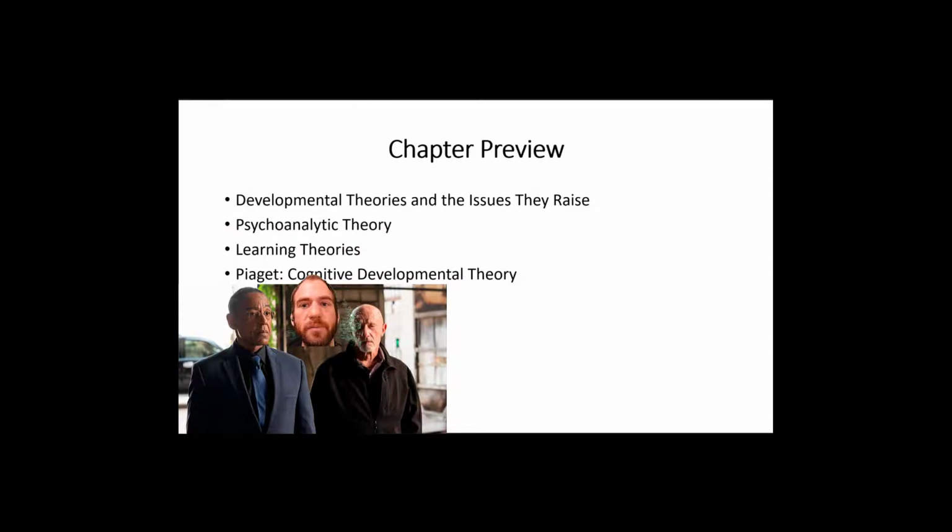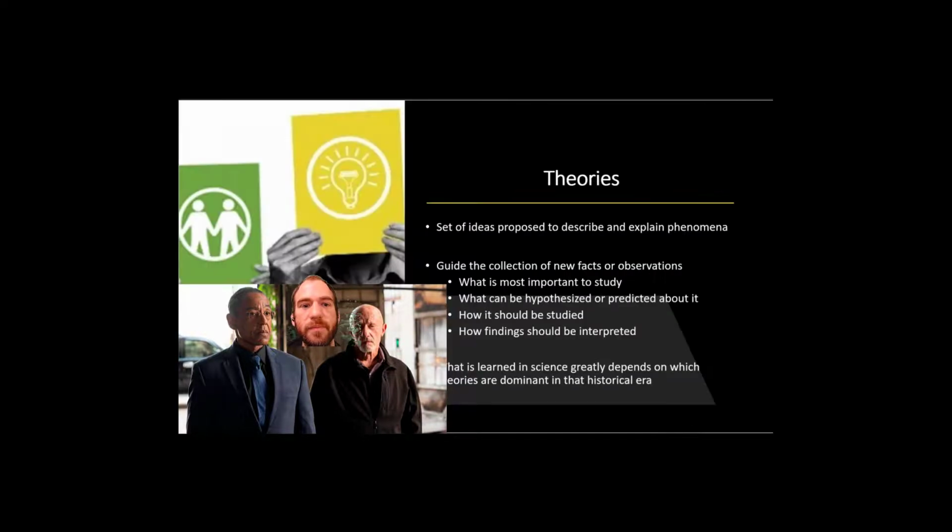Chapter preview and theories. We already talked about this in the last chapter. So the idea here is theories are sets of ideas. They guide the collection of new facts and observation. And I'm just adding here, what is learned in science greatly depends on which theories are dominant in that historical era.